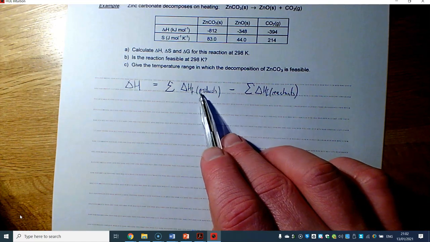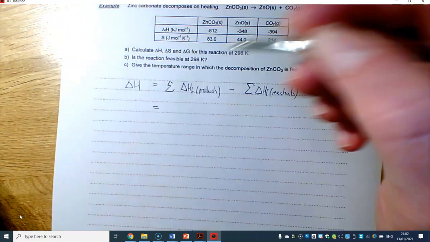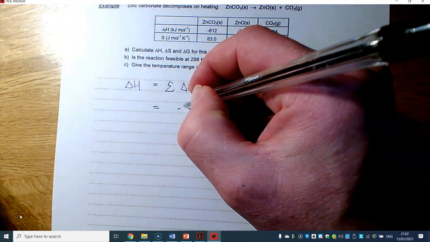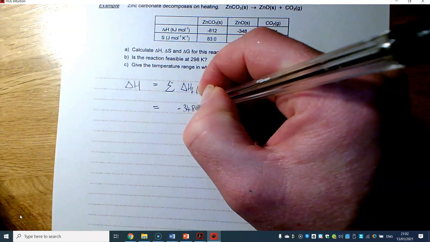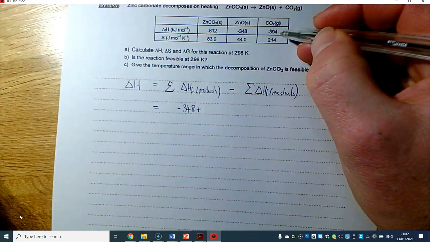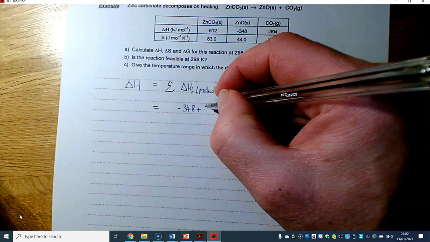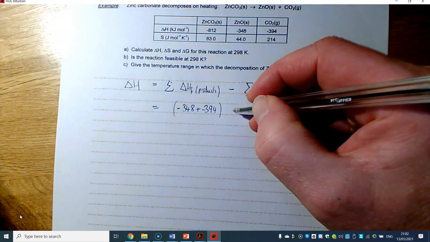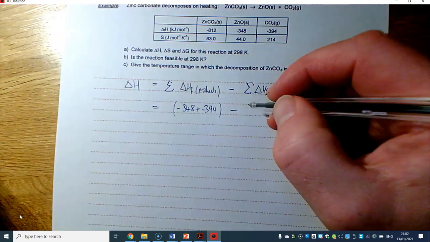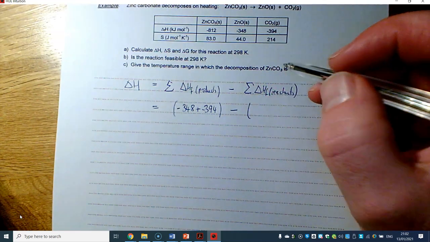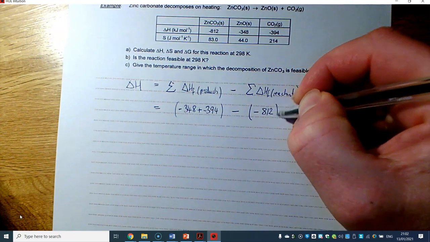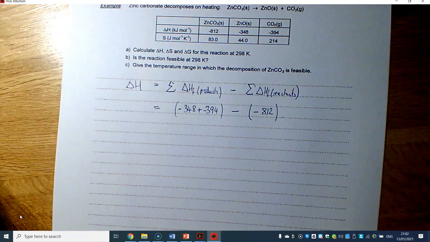So we can just pop those numbers into this equation, and we've got zinc oxide, which is minus 348. Add carbon dioxide, which is minus 394. Just pop those in brackets. We've got take away the enthalpy change of formation of the reactant, which is minus 812.